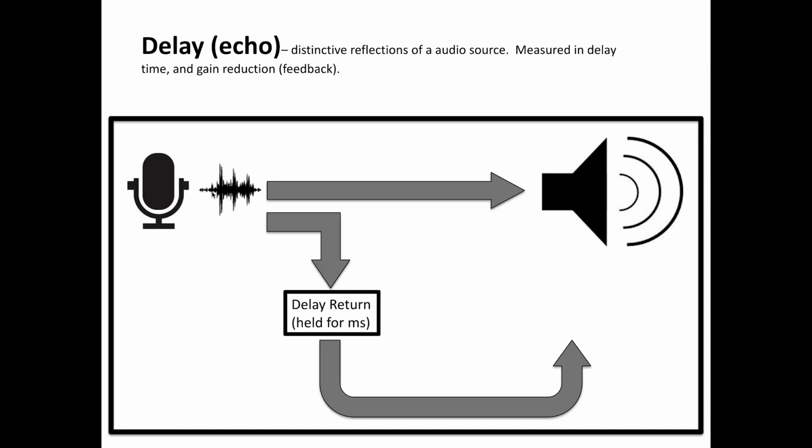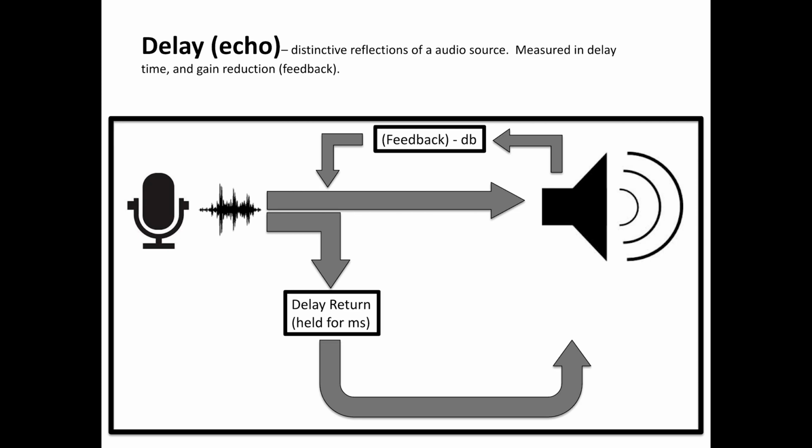But what a delay does is the sound is going out the main speaker instantly, but then it's also being held for a certain amount of milliseconds and then outputting again, okay? So that's why we hear the sound several times, is that a delay is diverting the signal in addition into a delay loop, basically, and repeating it.